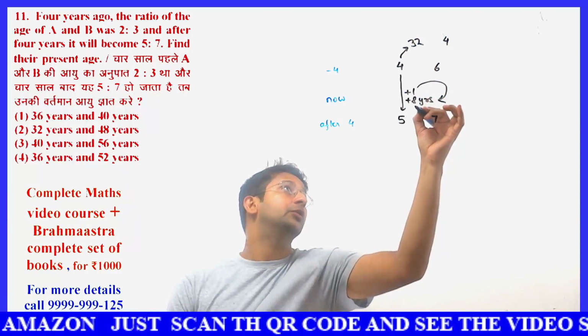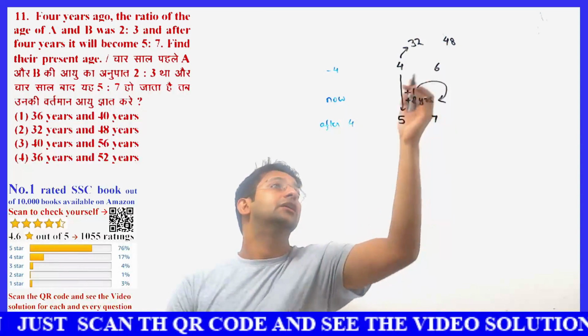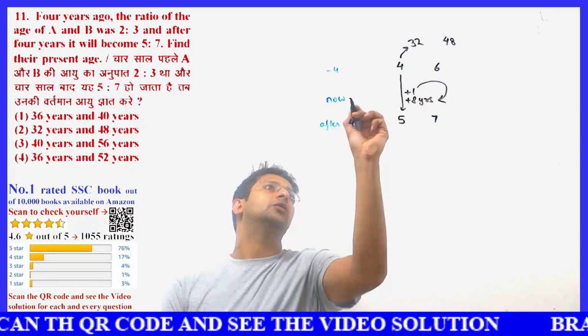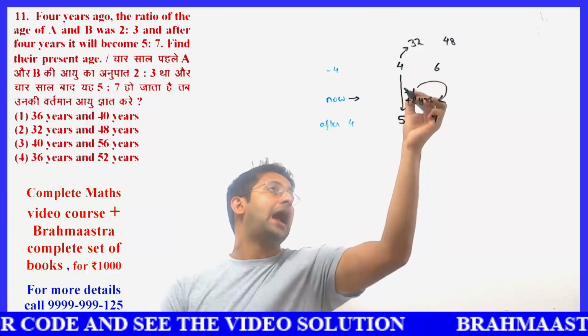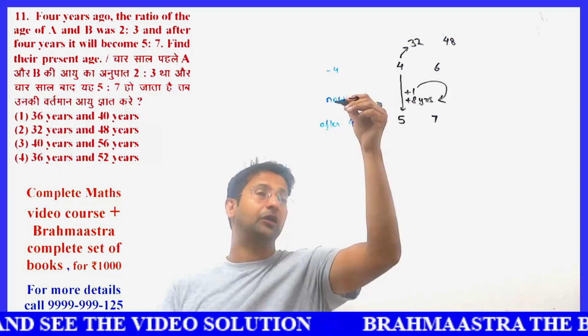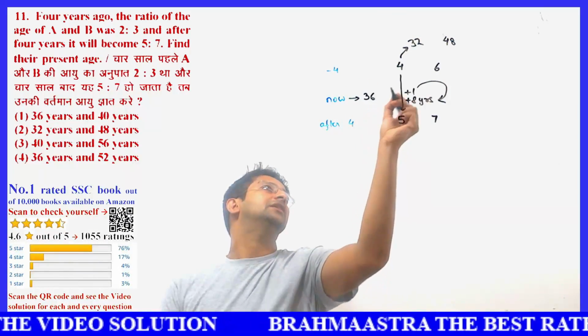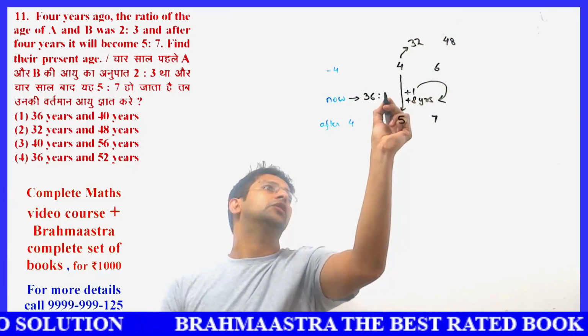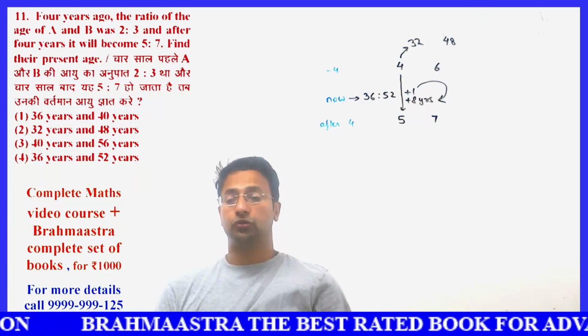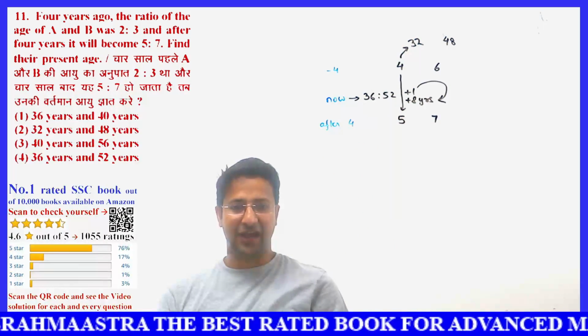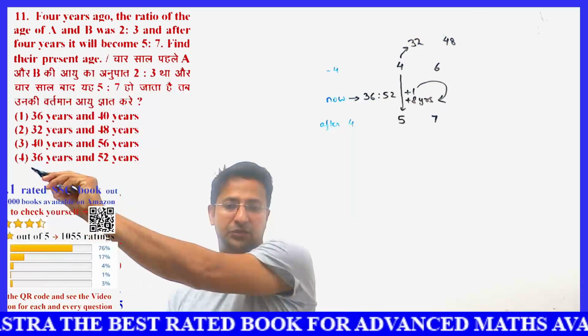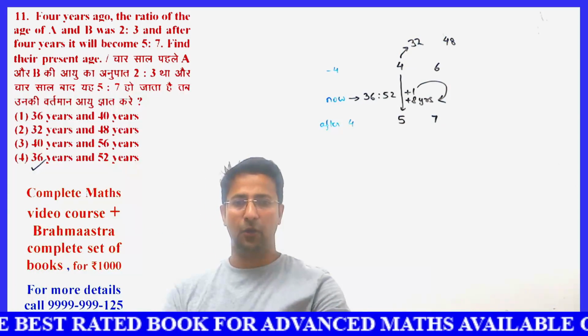See, 1 part is equal to 8 years. This will be 48. So now what will be their ages? Now their ages will be 32 plus 4, since this is minus 4, so plus 4. 32 plus 4 is 36 and 48 plus 4 is 52. So their present ages are 36 and 52. The last option is your answer. Option number D. I hope it is clear to all of you.